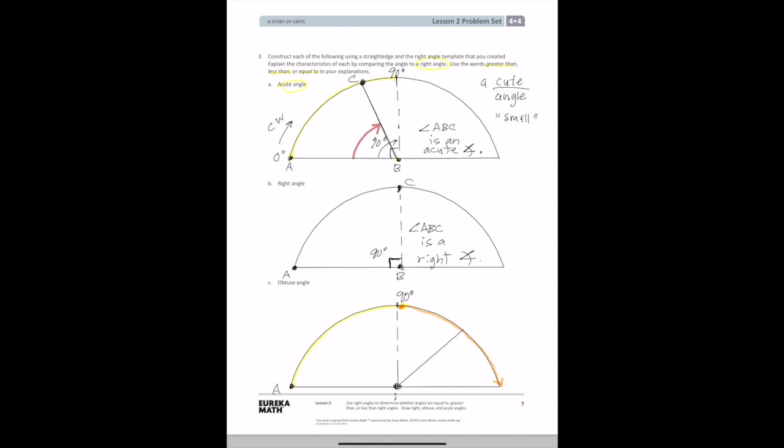Angle ABC, this angle right here, angle ABC is greater than 90, and it is an obtuse angle. Okay, so there you have it.